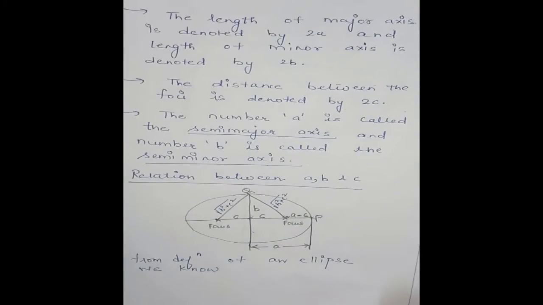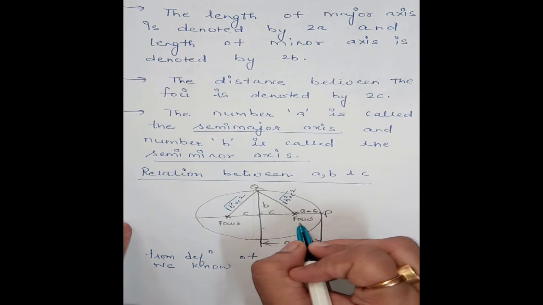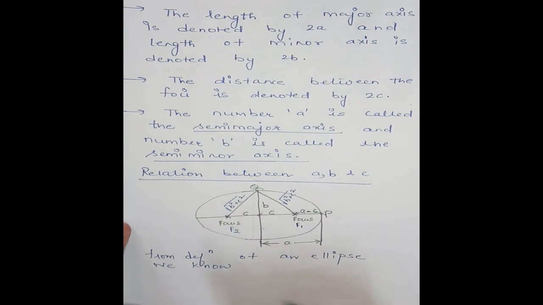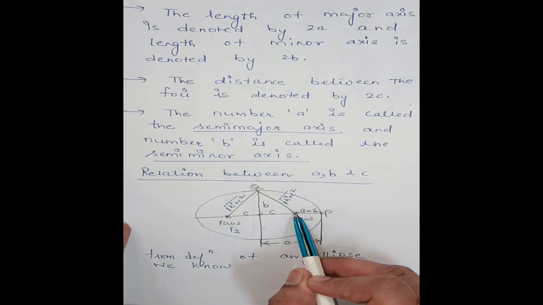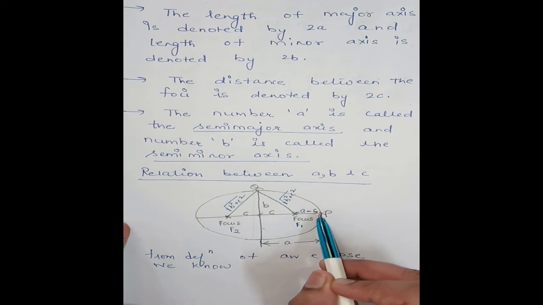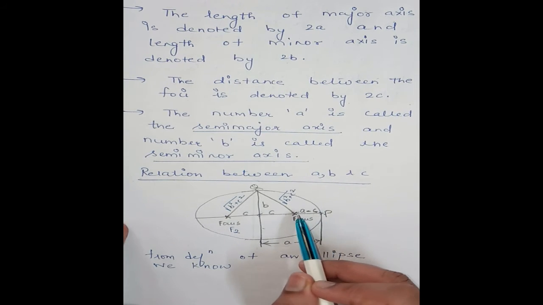First we find the distance from P to the first focus. Let us denote the foci by F1 and F2. PF1, the distance of P from the first focus, is a minus c.